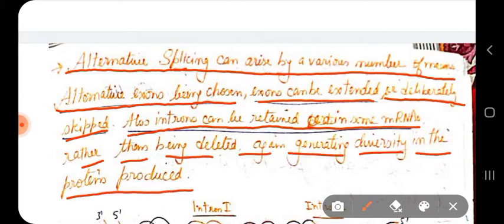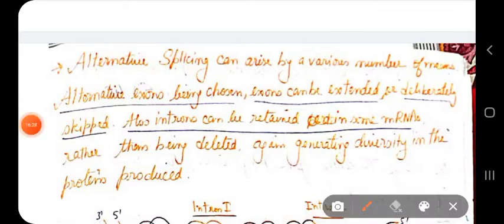So alternative splicing can arise by various ways. The first process it is saying is that exons can be extended.